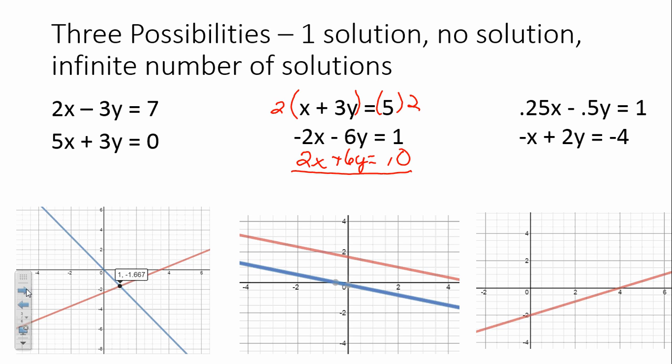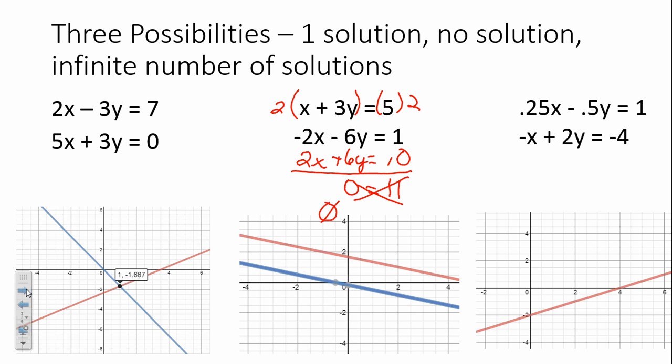Adding them up, gone, gone. Does 0 equal 11? No. So there's no solution here. The lines are parallel. They're never going to cross. And they have the same slope.